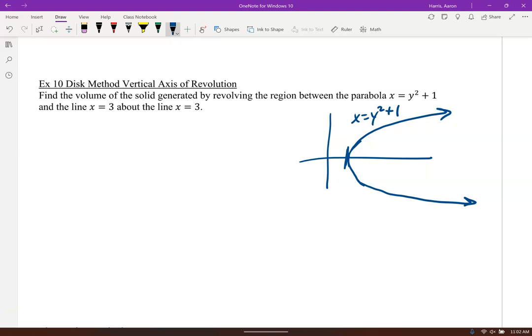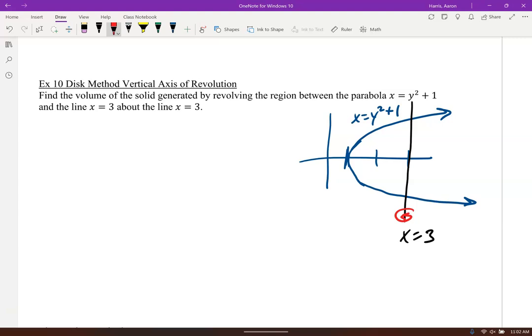Now let's do the line x equals 3. There's x equaling 3. And we're going to spin it about that line, x equaling 3. Again, a vertical axis of revolution, so we've got to do this all with respect to y.